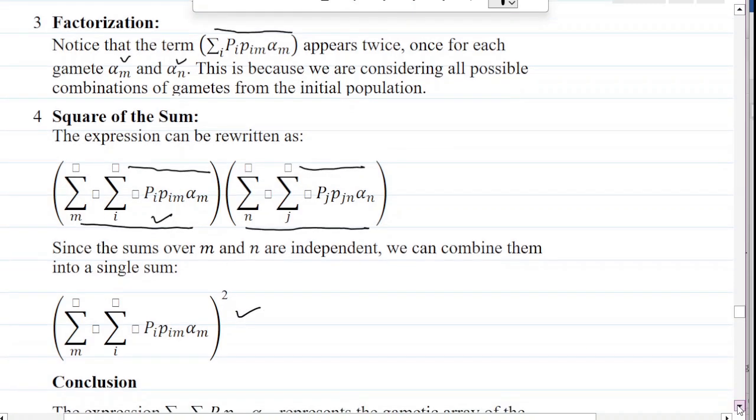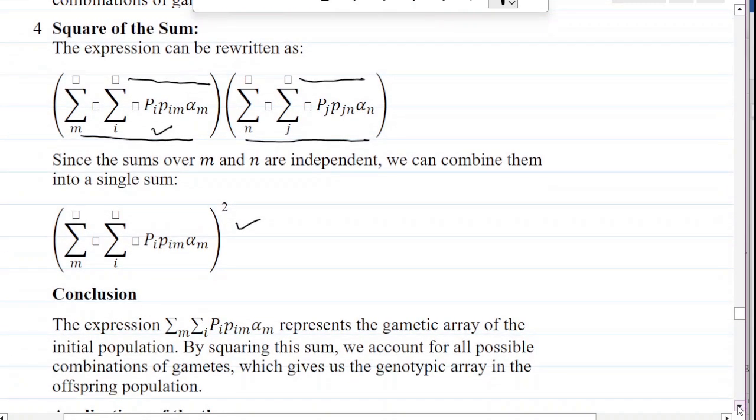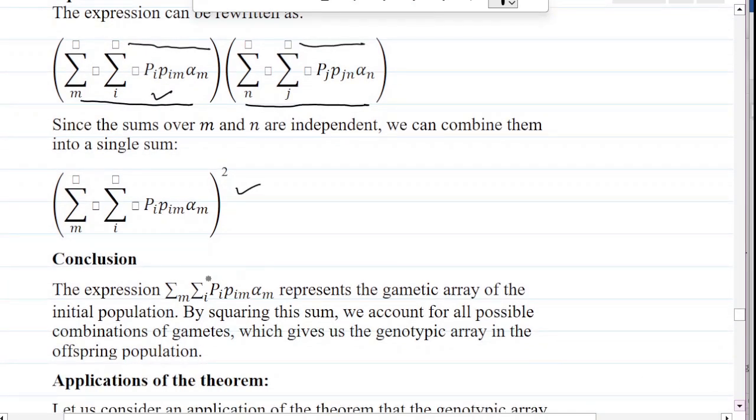So we can conclude from this theorem that the expression summation i, pi m and alpha m represents the gametic array of the initial population. And by squaring this sum, we account for all possible combinations of gametes, which gives us the genotypic array in the offspring population.